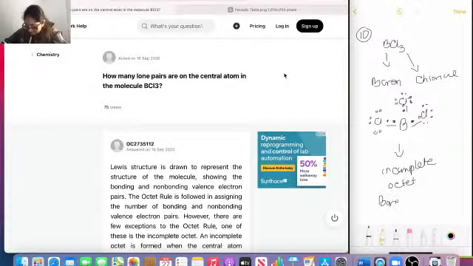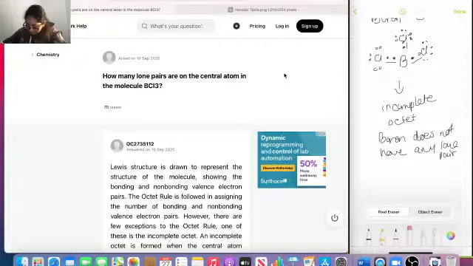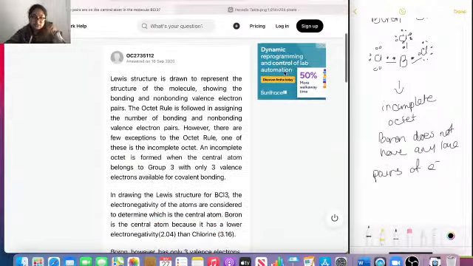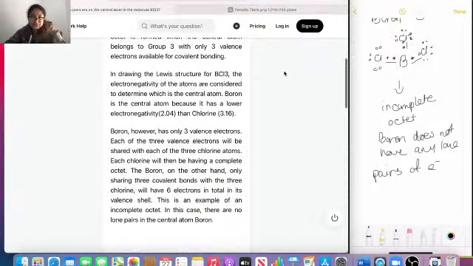And so boron does not have any lone pairs. Okay. And so yeah, drawing the Lewis structure, the electronegativity is considered to determine.